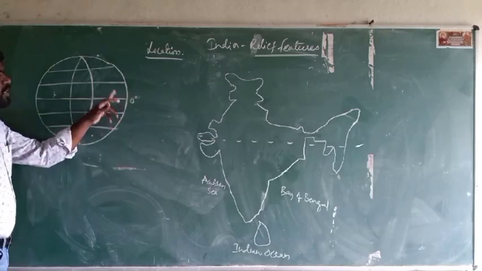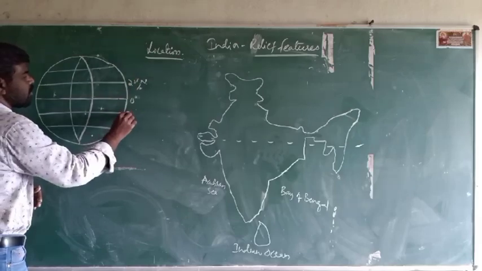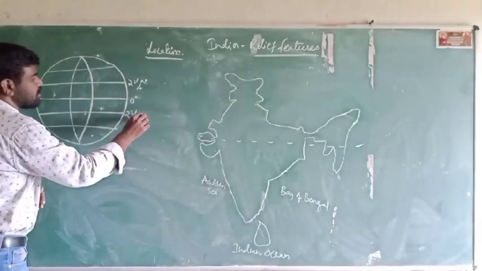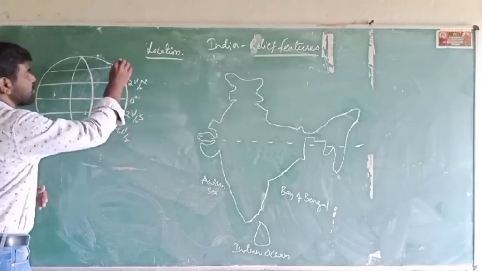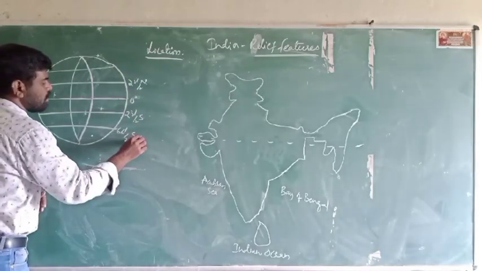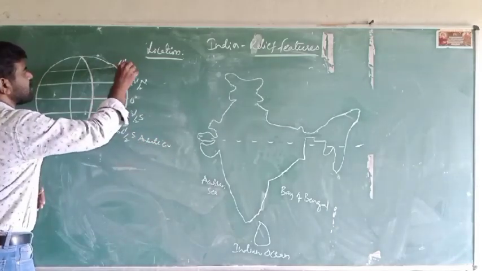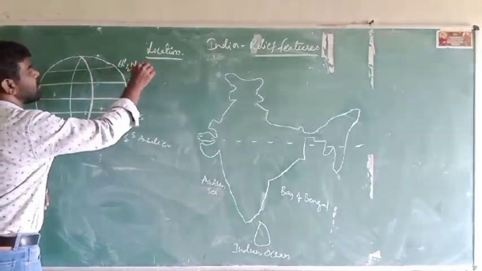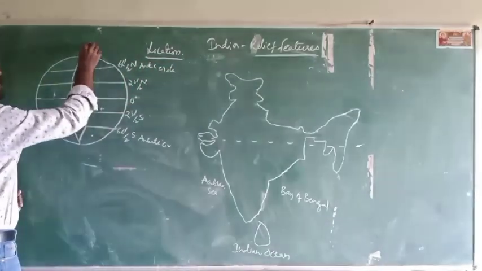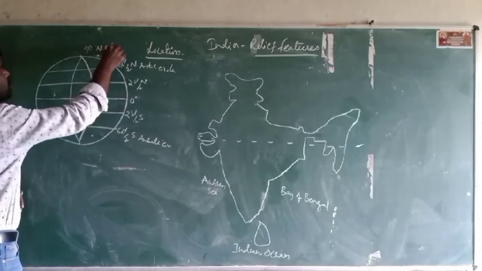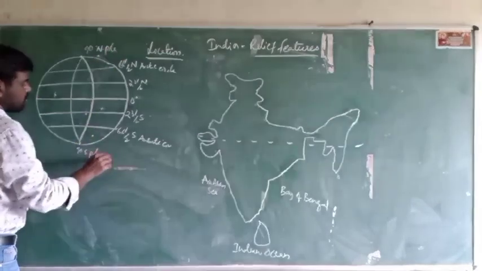This is the equator. This is 23.5 degrees north, Tropic of Cancer; 23.5 degrees south, Tropic of Capricorn; 66.5 degrees south, Antarctic Circle; 66.5 degrees north, Arctic Circle; 90 degrees north, North Pole; 90 degrees south.